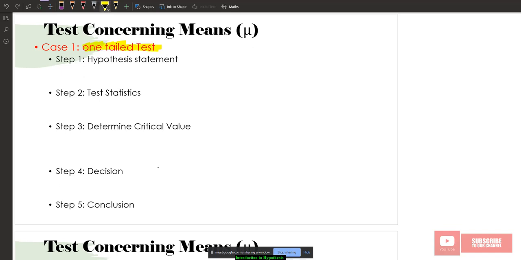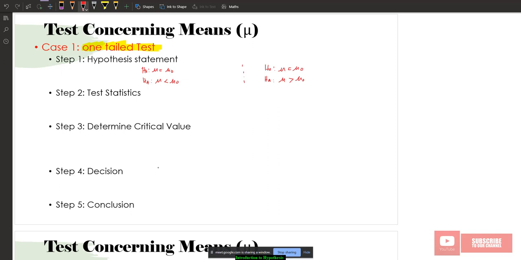The hypothesis statement for a one tail test, for example: null hypothesis mean equal to mu naught, alternative hypothesis mean is less than mu naught. Or another one: null hypothesis mean is equal to mu naught, alternative hypothesis mean is more than mu naught. This is an example of a one tail test.